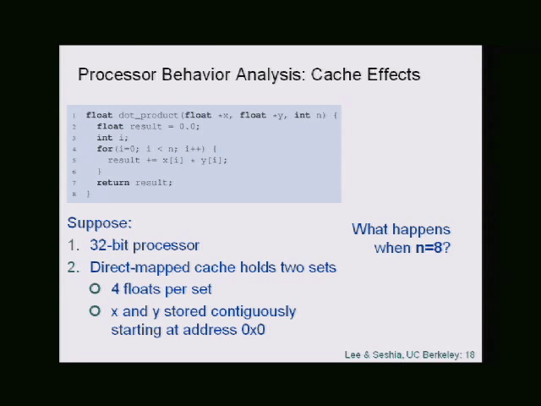Sorry? 4 misses. How would that happen? First time you pull out x0 to x2 and okay. Yeah, so you'll have x0 to x3. Yeah. Y0 to y3.